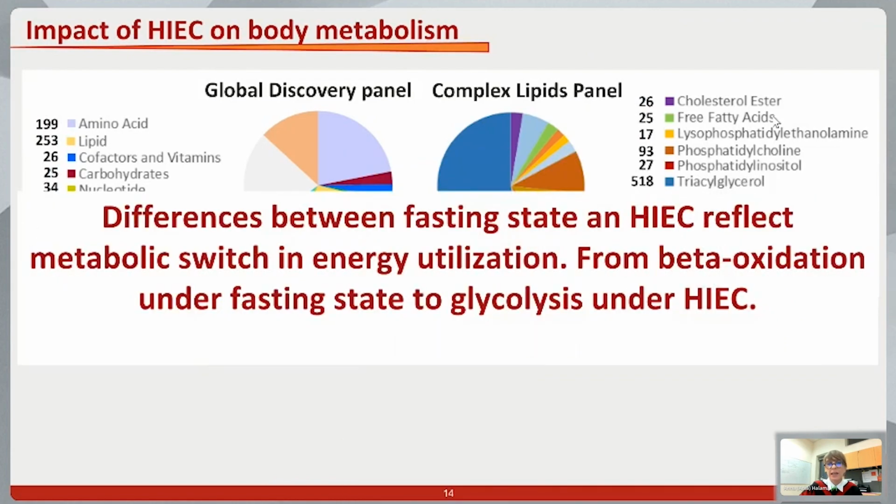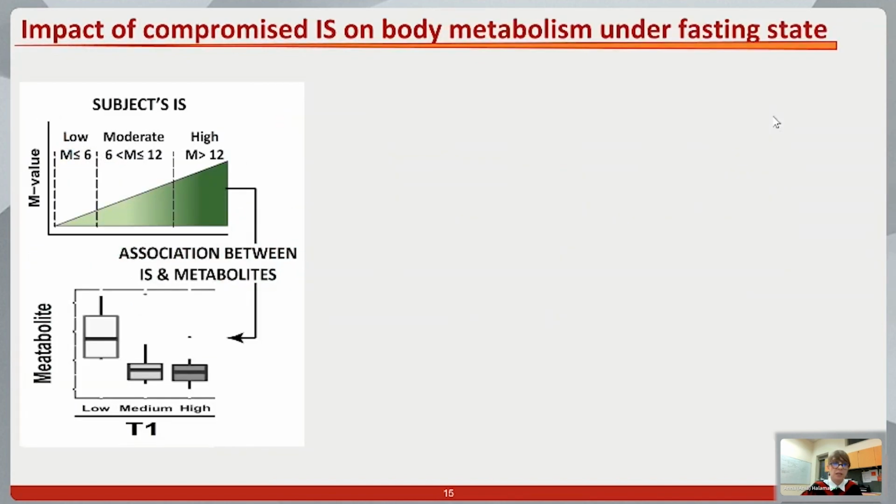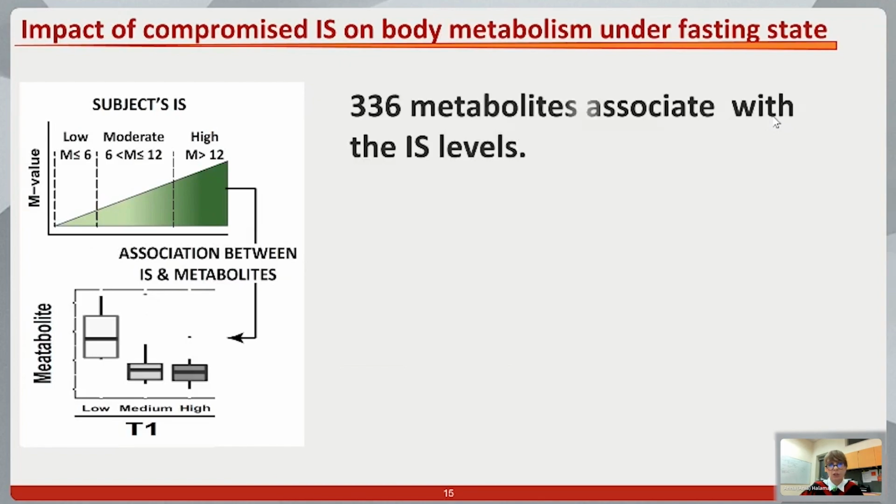So basically, the differences between those 2 time points show us the shift in the utilization of energy, from beta oxidation under fasting to glycolytic processes under the clamp conditions. So knowing that our data are in really good shape, we started our analysis, looking for associations between those 3 groups and the metabolic features.